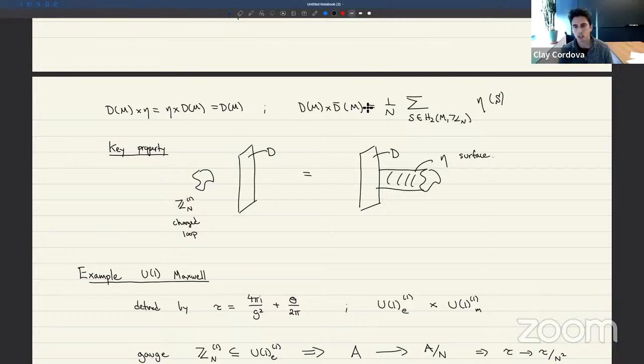The fusion algebra and these key properties are applicable in the general setup. I should have perhaps organized my talk better to get to the parts that I don't think are applicable in the general setup.